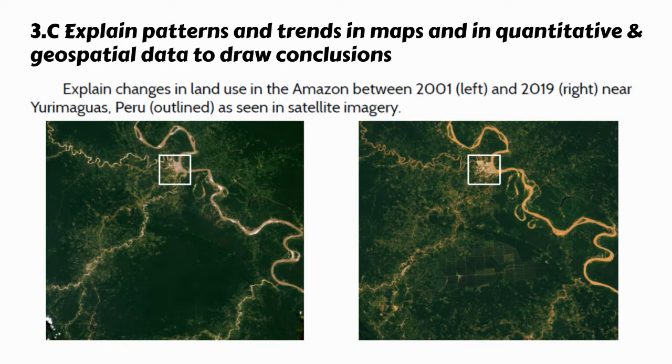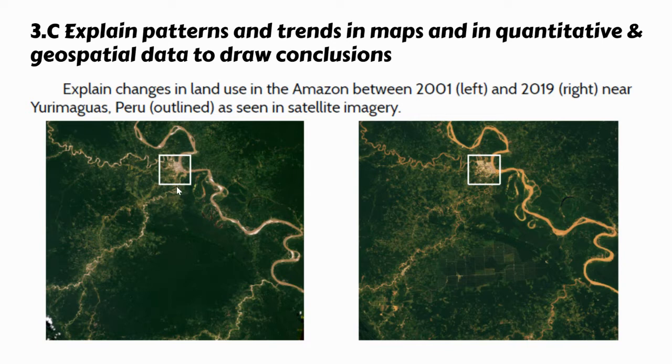One thing I'm realizing as I'm processing what explain means is that I'm actually describing what I see. So I might say something like, the biggest change between 2001 and 2019 is that you see evidence, using these aerial photographs, of course, satellite images, of deforestation. That's what's happening between these two images.